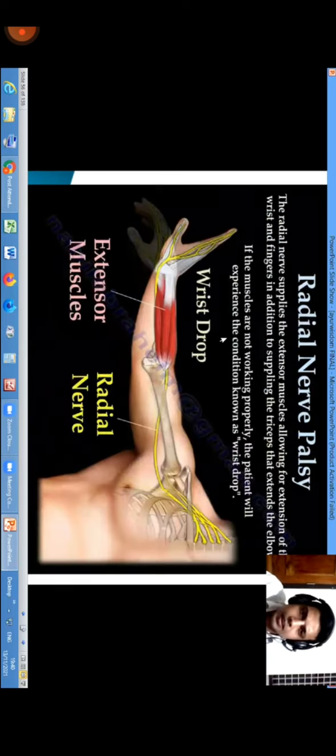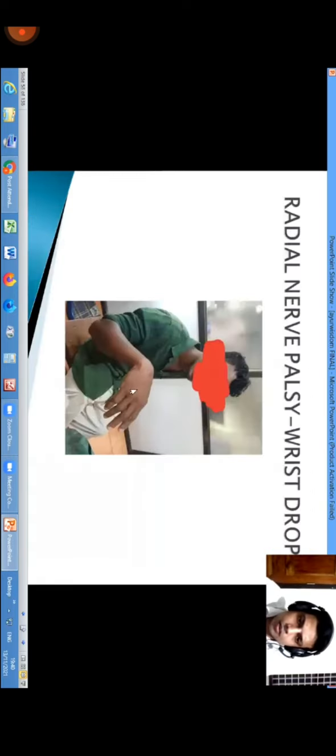So it is called Saturday night palsy: after drinking alcohol, the patient is sleeping on a chair, and this will cause radial nerve palsy, resulting in wrist drop. In this patient, we can see wrist drop. This is a temporary paralysis of the radial nerve, and the wrist drop is seen here.